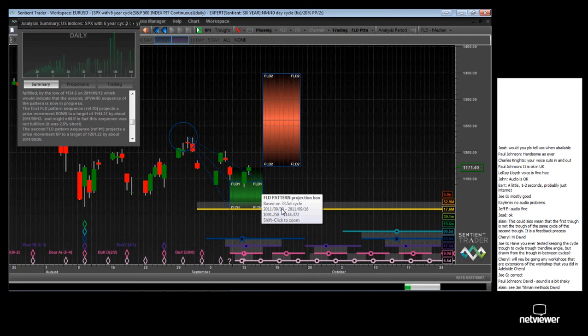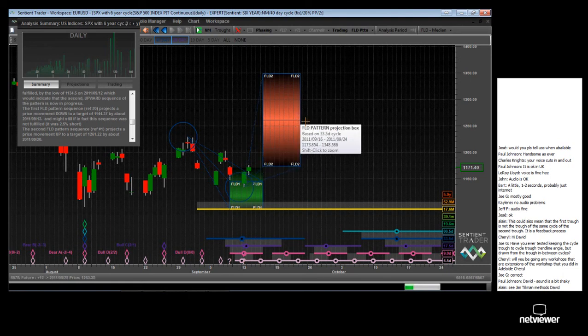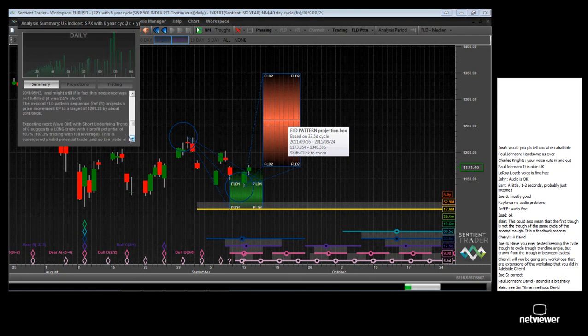The first FLD pattern sequence projects a price movement down, that's the first one, to a target of 1144 by about the 13th of September, and might still in fact be in progress, if in fact the sequence was not fulfilled. It was 2.5% short. What does that mean?